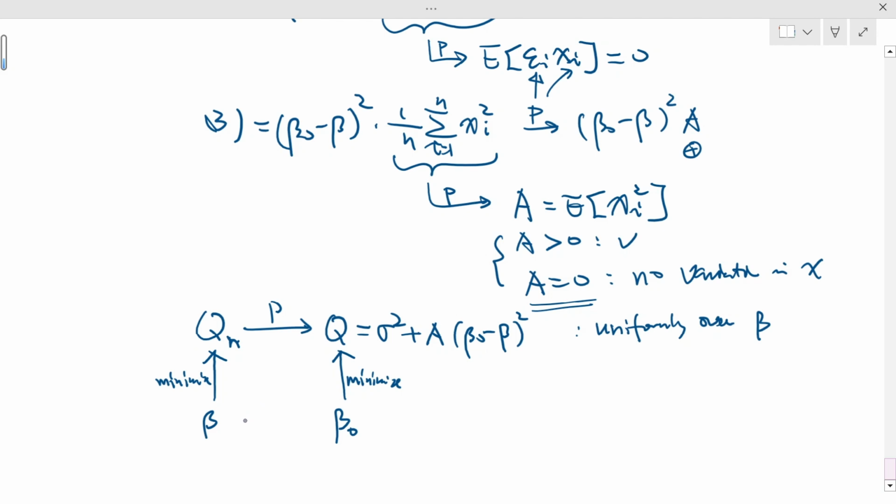Indeed, beta hat converges in probability to beta 0. In this sense, OLS, minimizing the sum of squared errors, is fine.